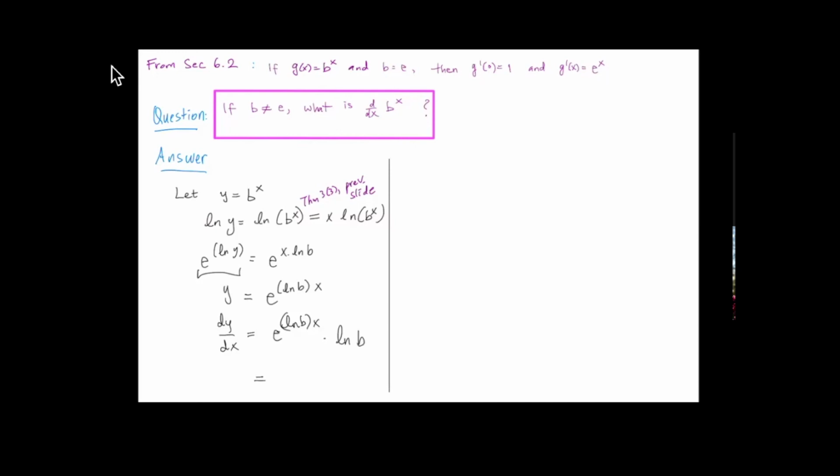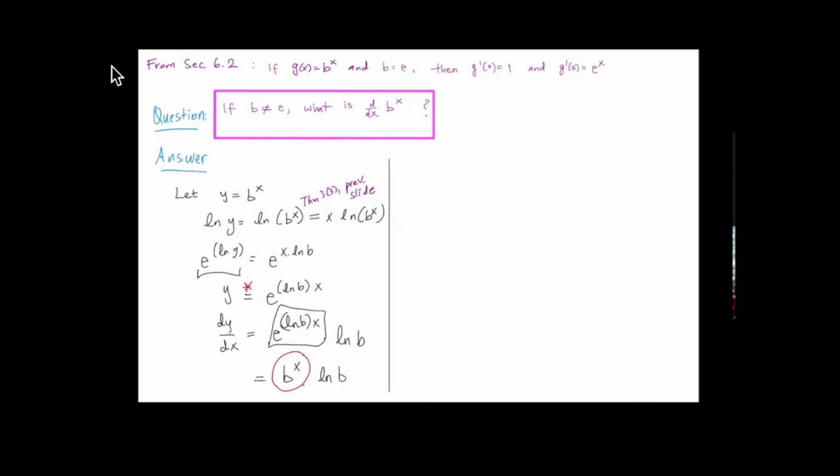Now, this here is just b to the x times the natural log of b. The reason this is equal to b to the x is because we know that y is equal to this quantity.